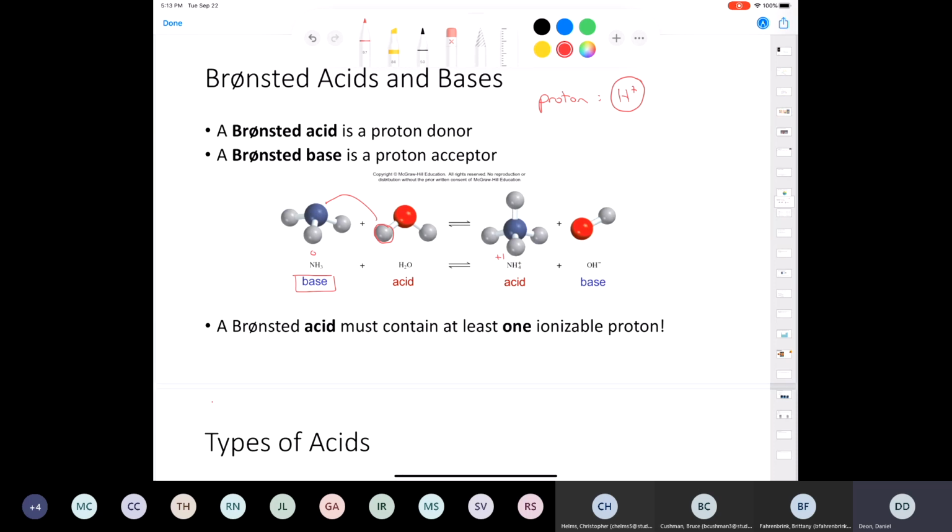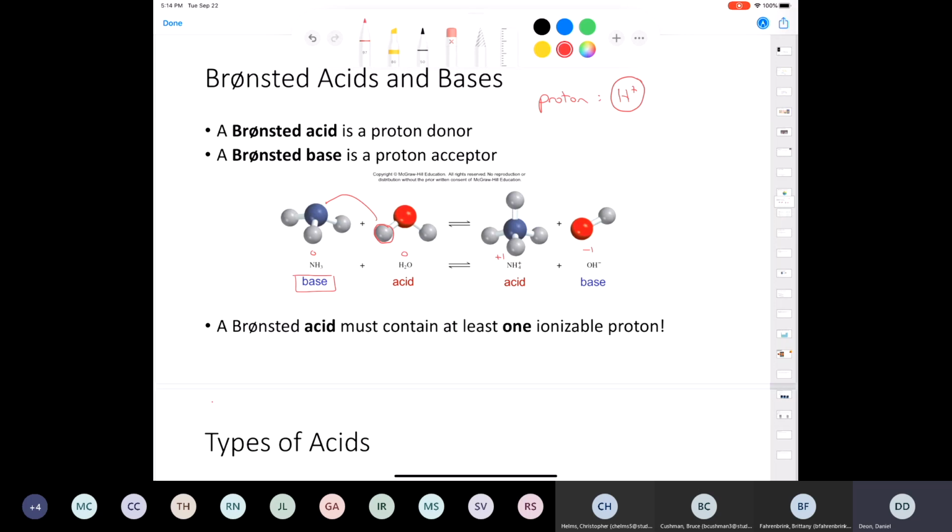The reason that water is regarded as an acid in this reaction is because it's giving up a proton to the ammonia. And when it gives up the proton, the water goes from being neutral, no charge, and if it loses a +1 charge, it's going to be left over with a -1 charge. And that's why hydroxide has a -1 charge, okay?